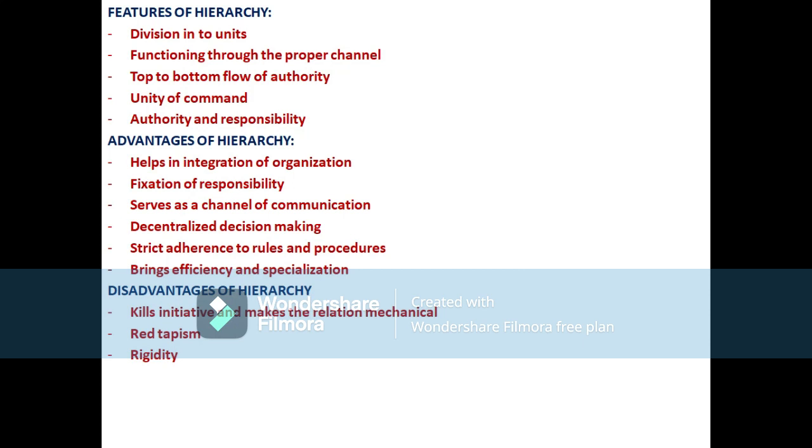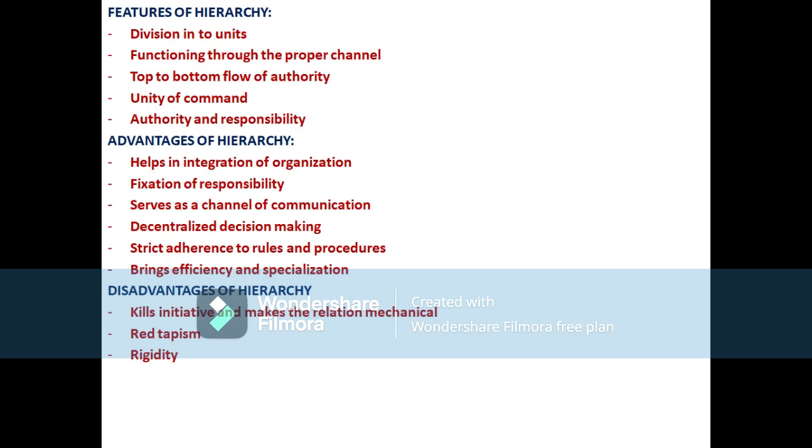Top to bottom flow of authority is another feature of hierarchy. Authority travels from the top to the bottom, step by step or level by level. Every officer retains the necessary authority with him and delegates the rest to his subordinates.